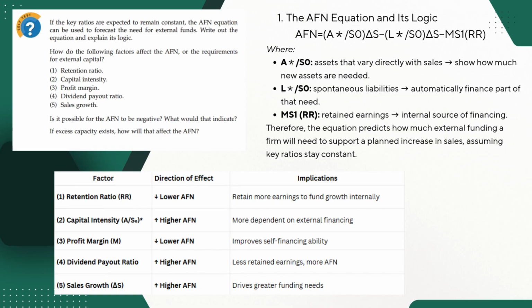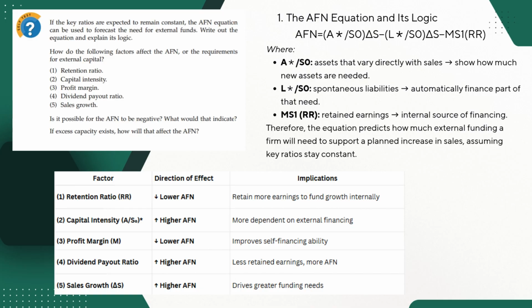For dividend payout ratio, when companies increase dividends, they keep less profit for reinvestment, meaning they'll need to borrow or issue equity to fund growth, which will result in higher AFN. For example, a telco company raises dividends to attract investors. That's good for shareholders, but reduces retained earnings. So if they plan to roll out new 5G sites, they'll need external financing, possibly through bonds or loans.